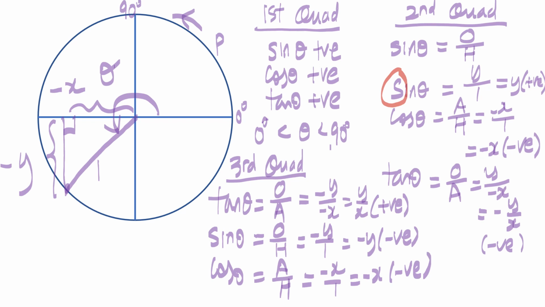So in other words, in the third quadrant, between 180 to 270, only tangent of angle theta gives you a positive value. For sine and cosine, you end up getting a negative value.